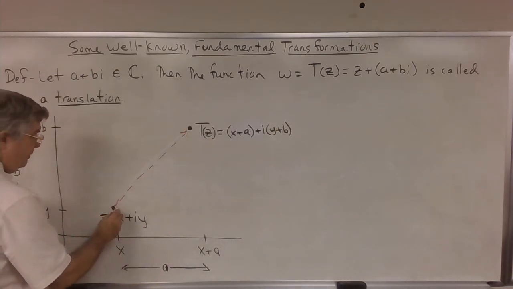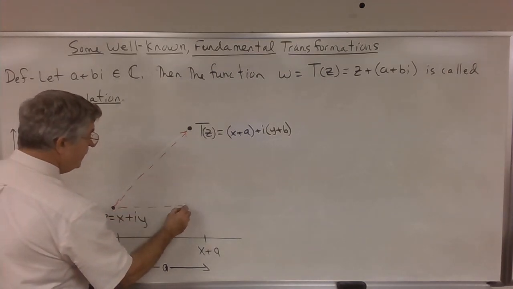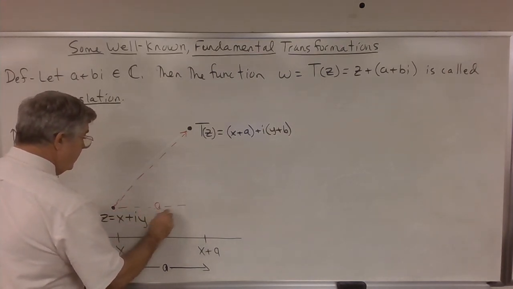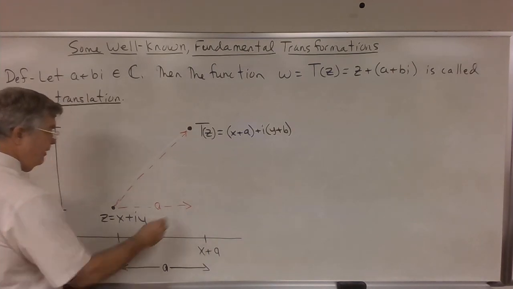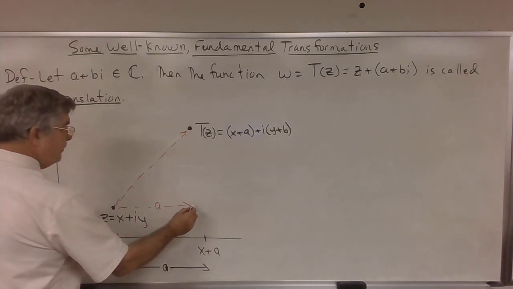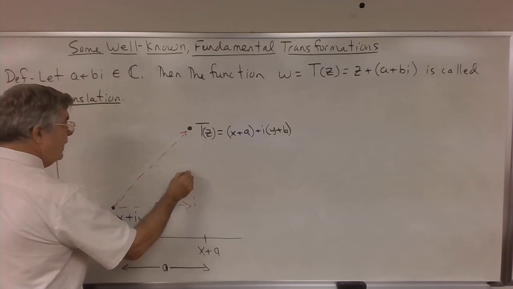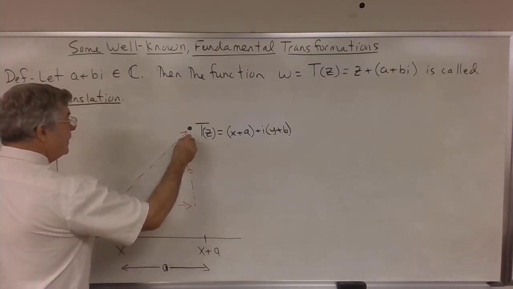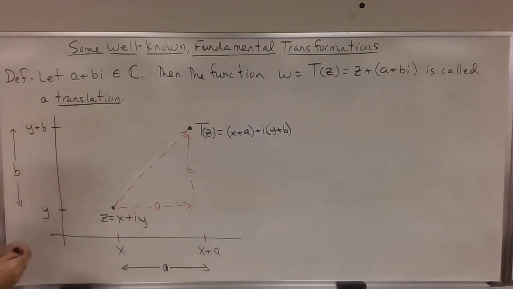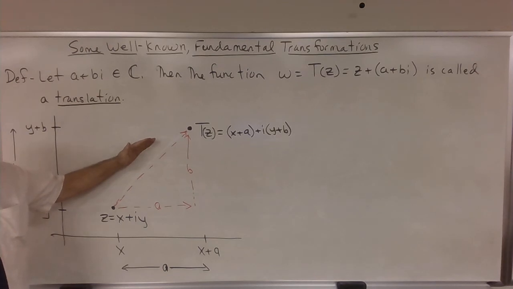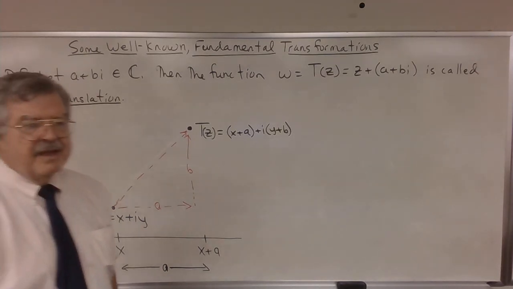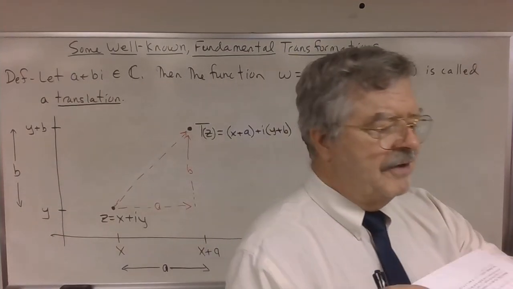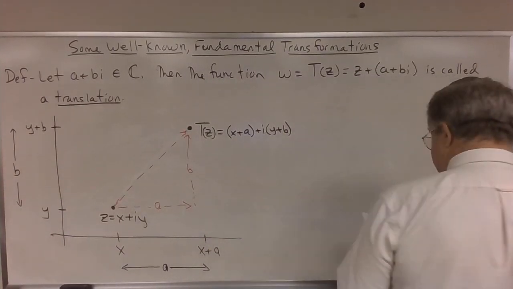Essentially, it takes the original point and moves it a units in the positive x direction, and then it moves it b units in the positive y direction. Physically, graphically, that's the effect that a translation has on a point. And let me write this down the way that I want it to come out.